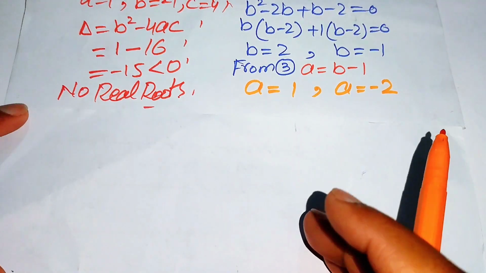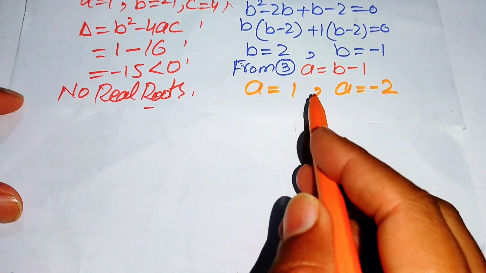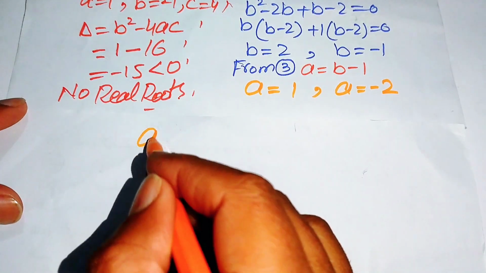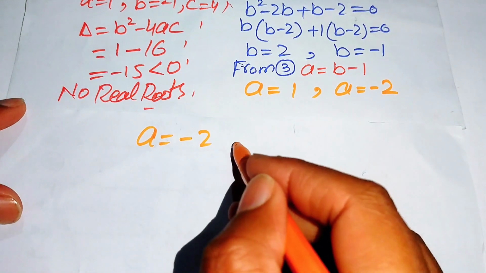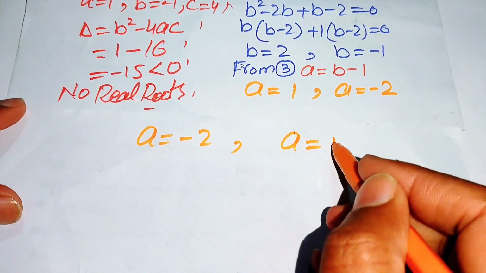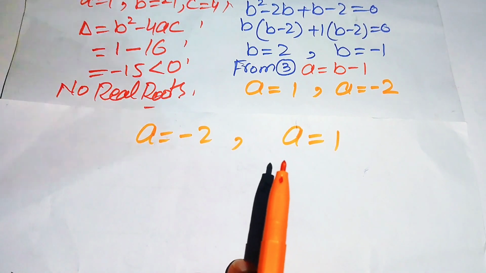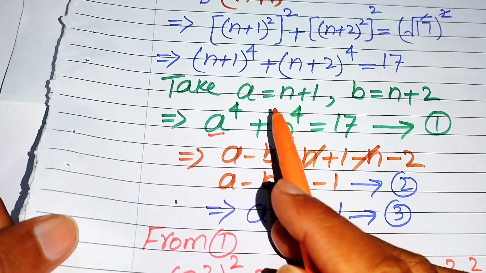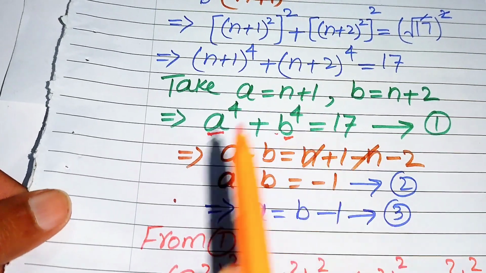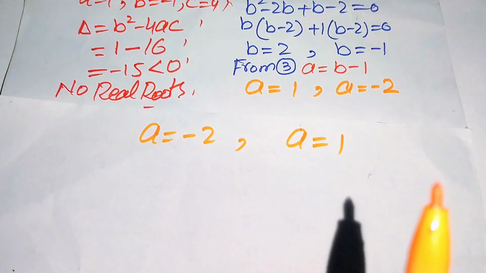So in this question we need to find the value of n. So here we just use the values of a. We have two values of a, a equals minus 2 and a equals 1, and in the start of the problem we took a equals n plus 1. So we put the value of a here.